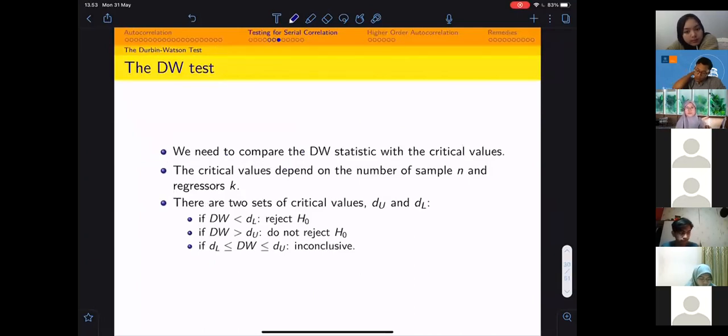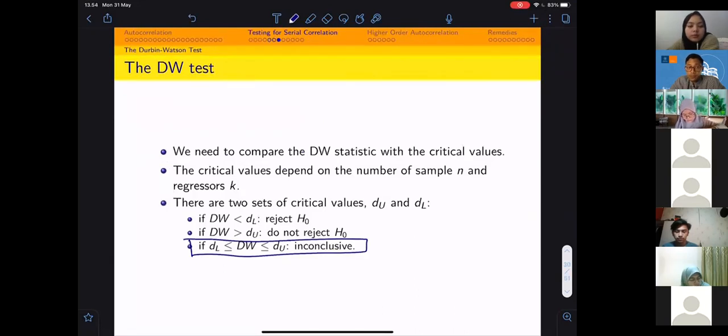The issue with the Durbin-Watson test is that there are some regions in the critical values of the test where you're not going to be able to make a conclusion. If you fall into these critical values, you can't say whether you reject or do not reject the null hypothesis.